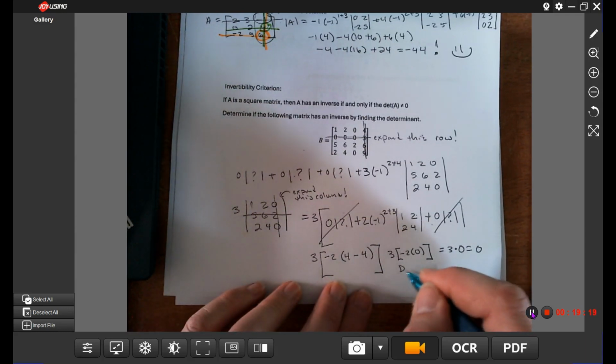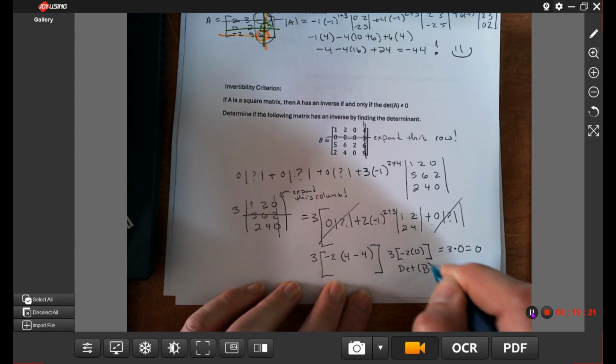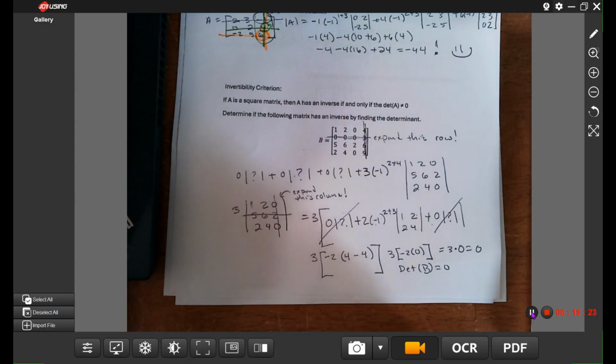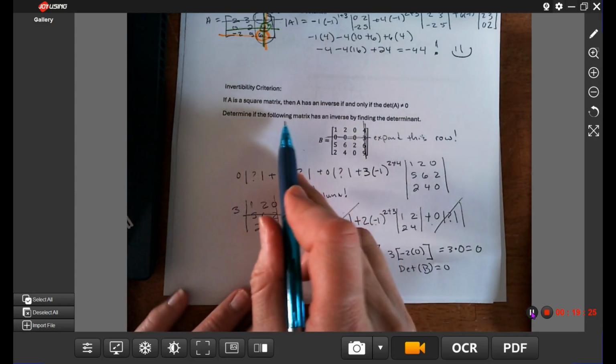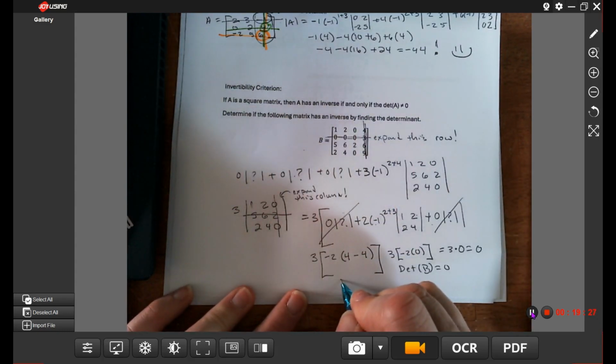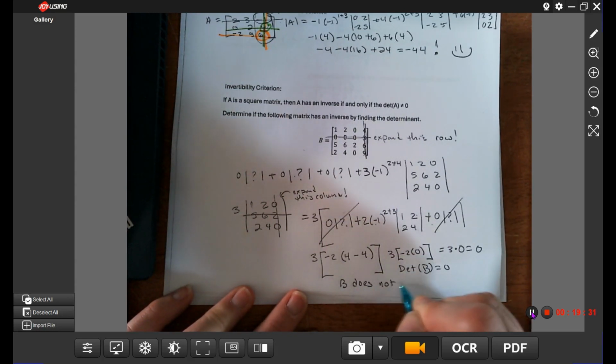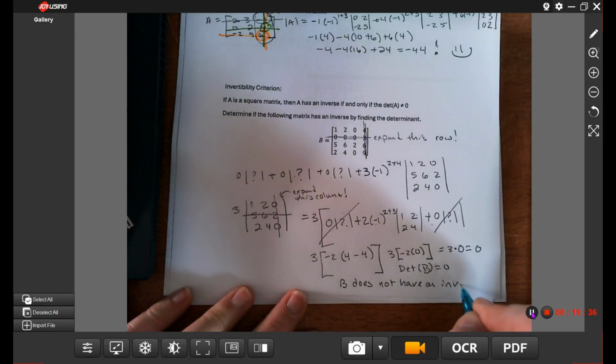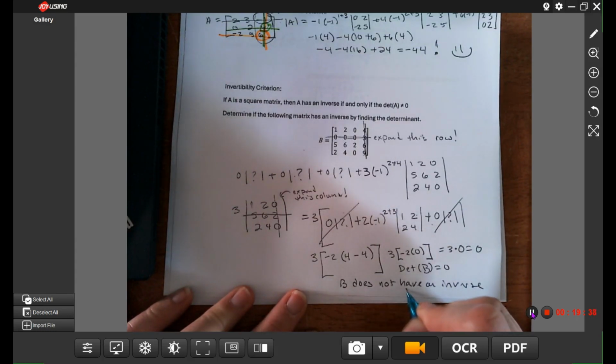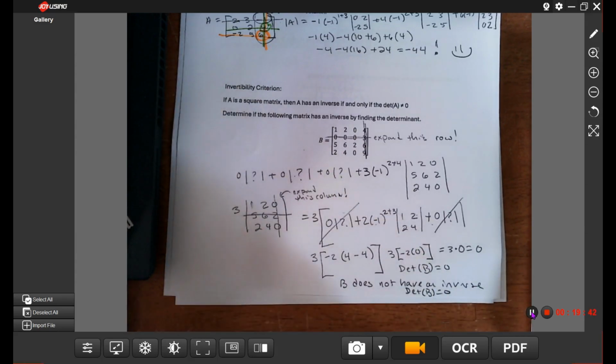Woohoo! So the determinant of B is 0. We found the determinant, but the question was, does it have an inverse? B does not have an inverse, and that's because the determinant of B is 0.